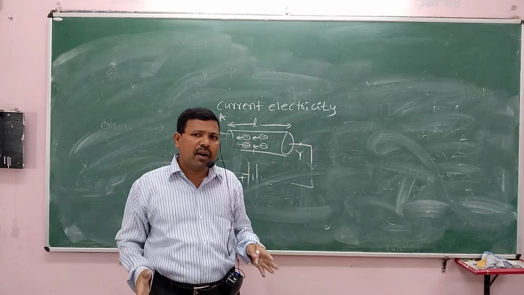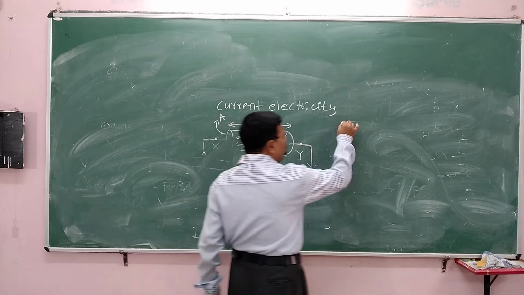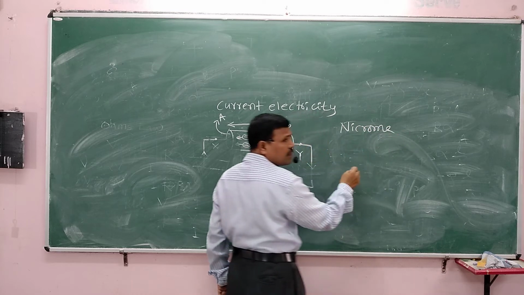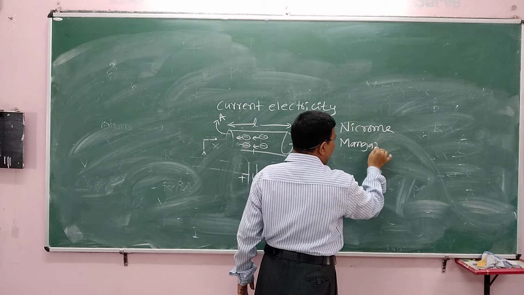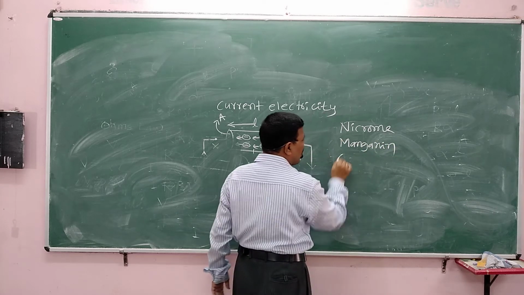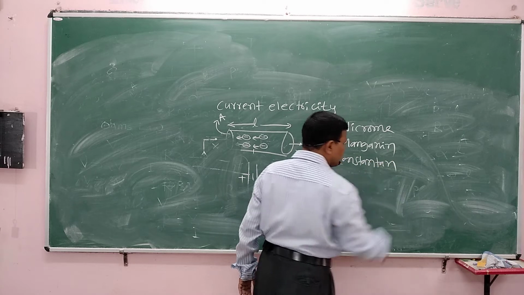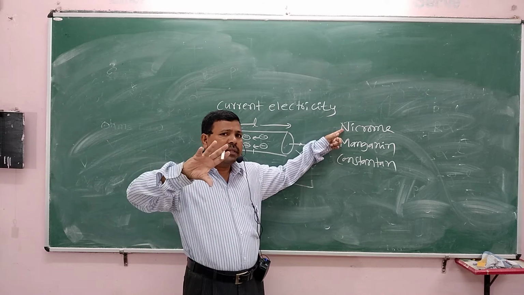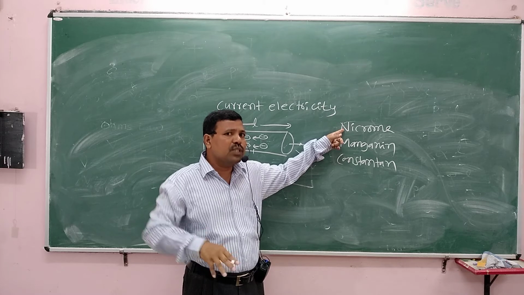They are made of some alloys like nichrome, manganese, constantan. These are alloys. They are made of some metals. A mixture of metals is known as an alloy.